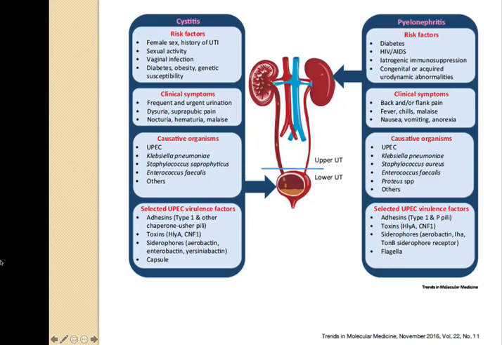So we're talking about back pain, flank pain, fevers, chills, and generalized symptoms such as nausea, vomiting, anorexia, and in severe cases, severe sepsis and septic shock can occur. The most common pathogen in both cases would be E. coli, followed by other Enterobacteriaceae, as well as some other pathogens that are listed here.